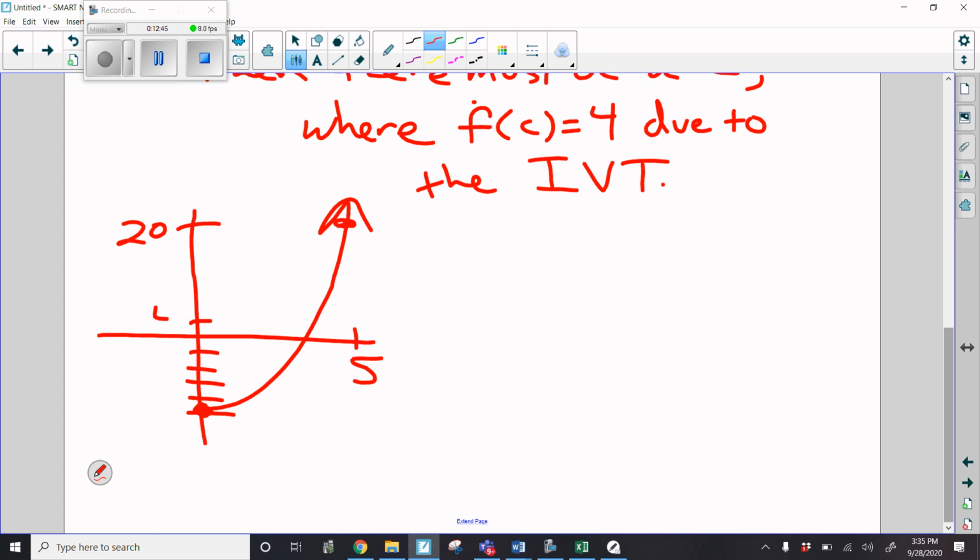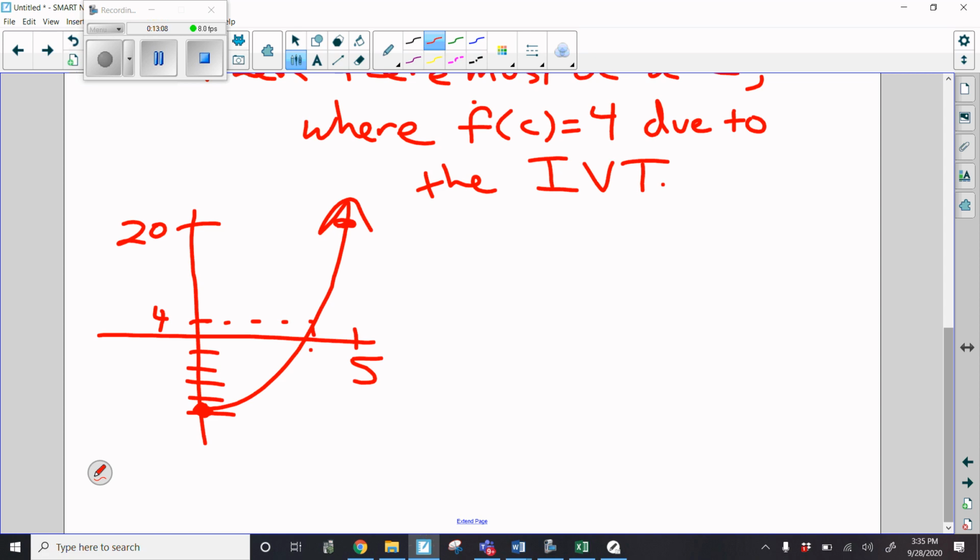And here's 4. Yeah, we have to go through 4 somewhere. Okay, it's not a very precise graph. Okay, but somewhere in there, I can't have a continuous function that goes from a y value of negative 5 to a y value of 20 and avoids the number 4. Okay, it's impossible.